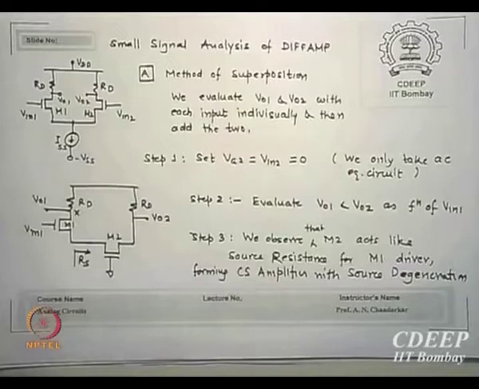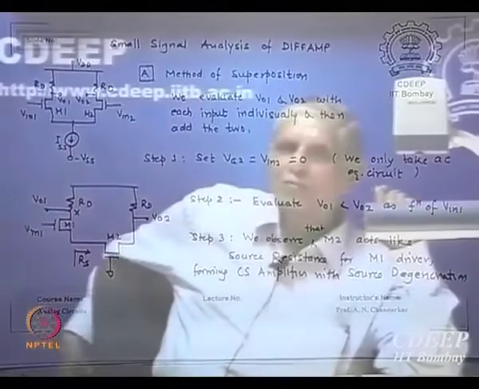Assume Vin2 does not exist, or Vin2 is 0, and get the VO1, VO2 values with reference to the input Vin1. Then say Vin1 does not exist and Vin2 exists, then what are VO1 and VO2, and add the two. Is that correct? This is called the method of superposition.